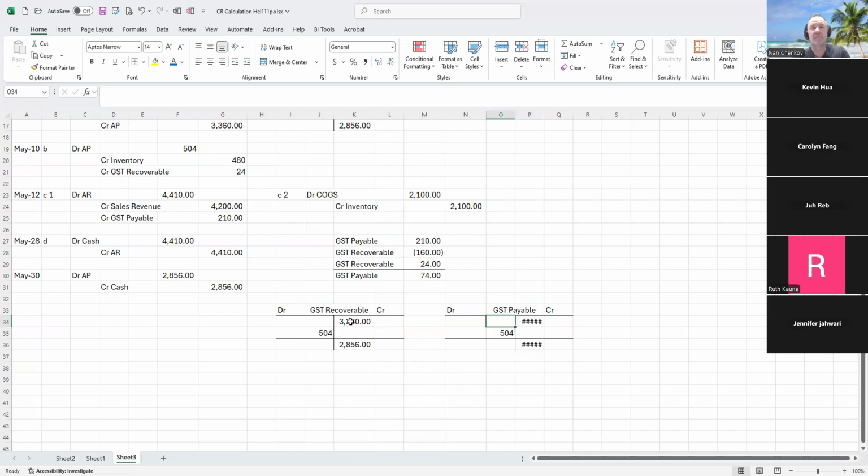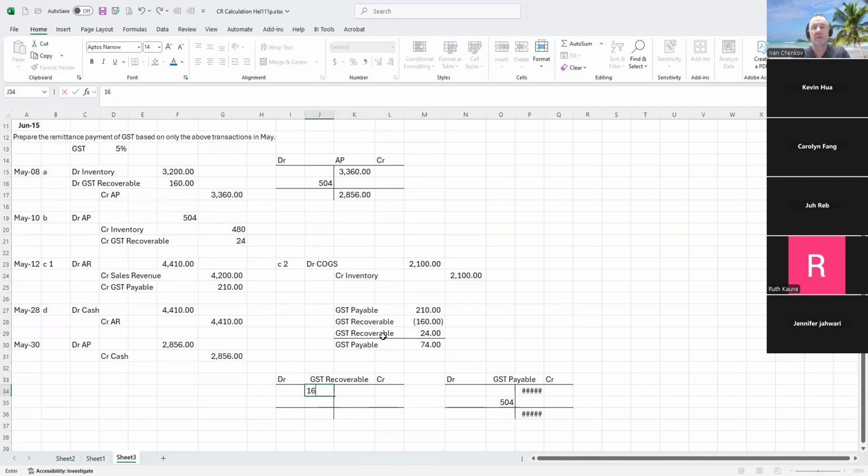My objective here is to close both accounts. In here I have 160, and then I have here 24. So my balance at this point is this one minus that one. I have a debit balance of 136.